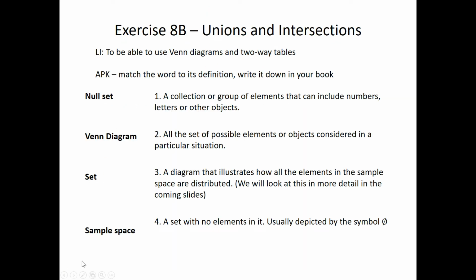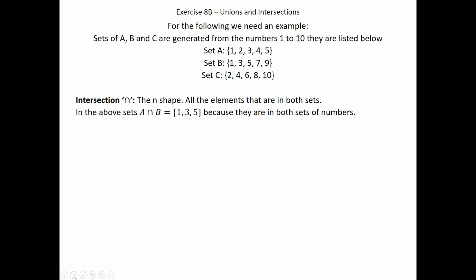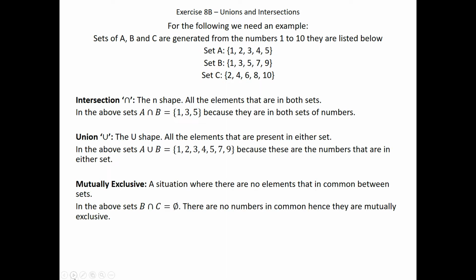You can write that as the 0 with the slash through it. If you look at set B and set C, there are no numbers present in both sets. So we can say that the intersection is the null set, therefore they are mutually exclusive.